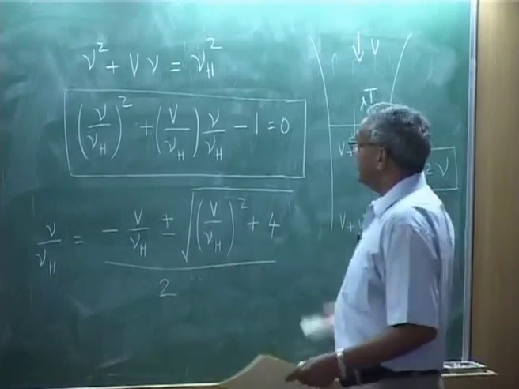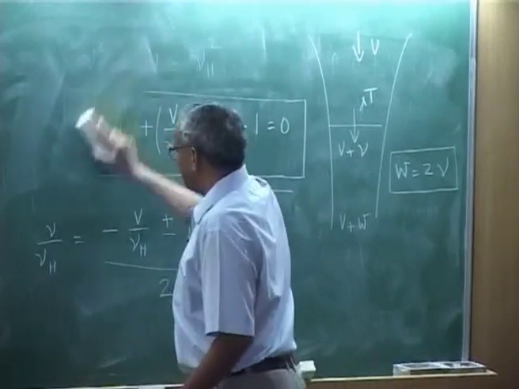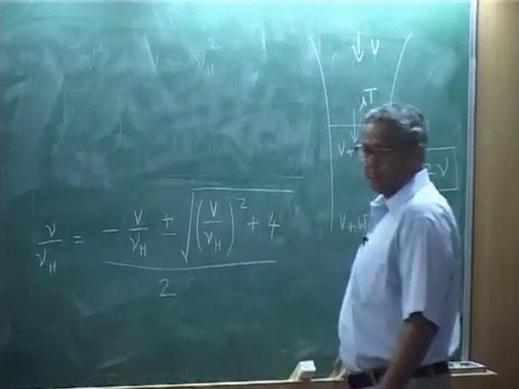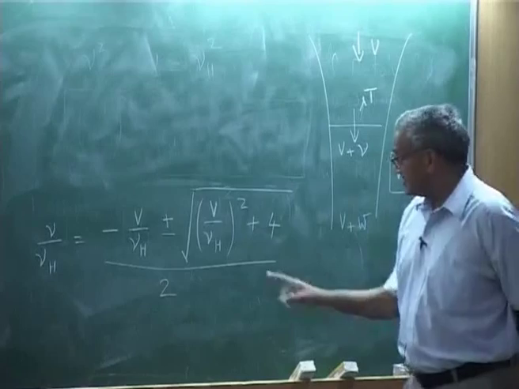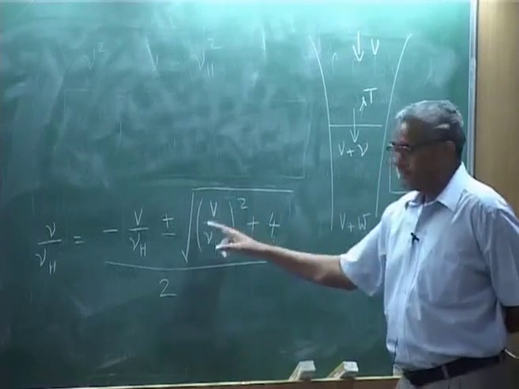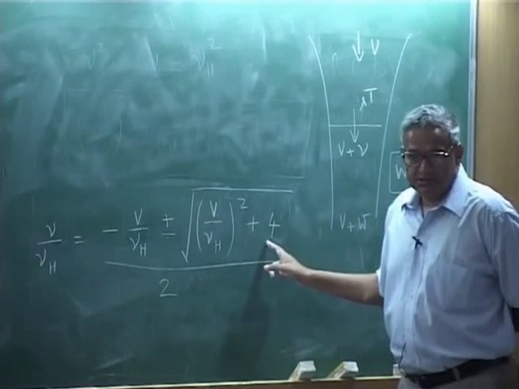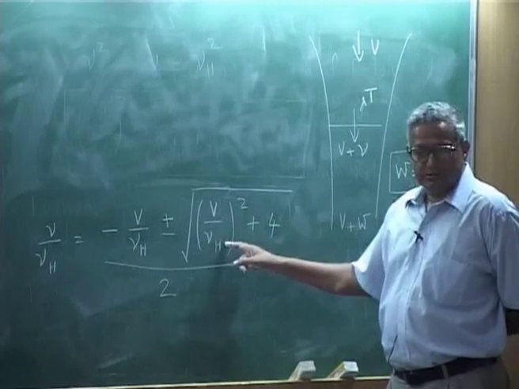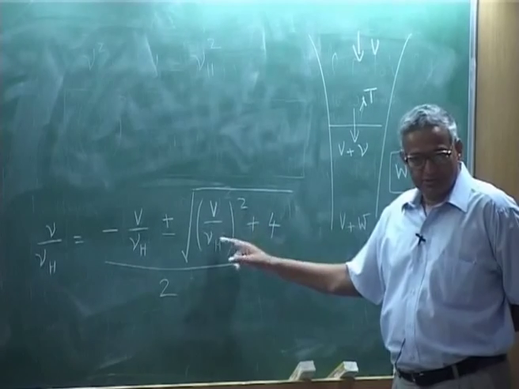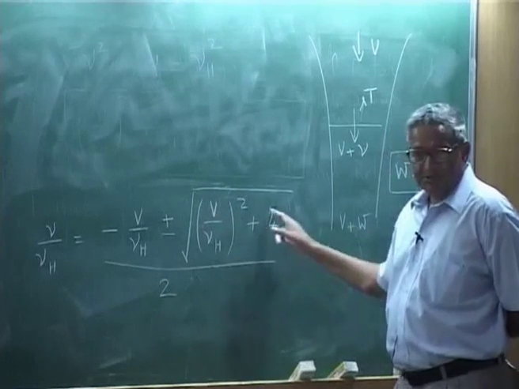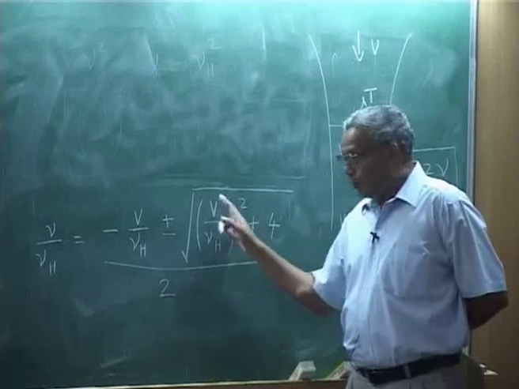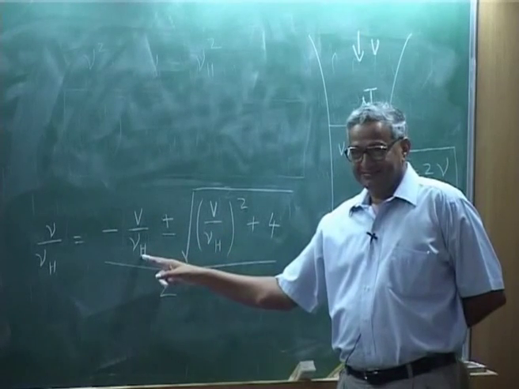So, you write the equation in this fashion, but which root should you use? Because this quantity is a positive quantity, because V over nu H is positive, and this quantity is more than this quantity.